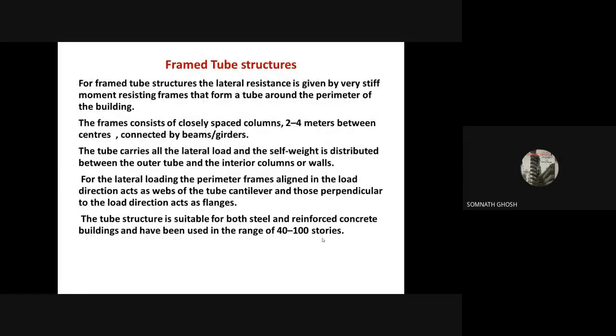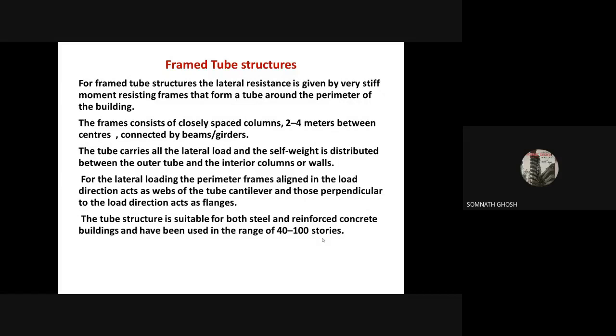Now this frame tube system, frame tube structures. For frame tube structures, the lateral resistance is given by very stiff moment resisting frames that form a tube around the perimeter of the building.